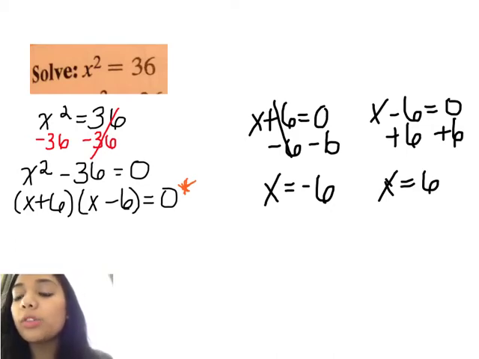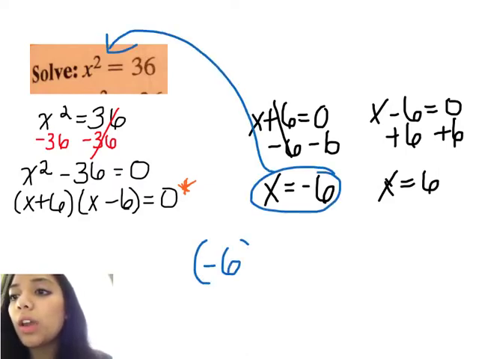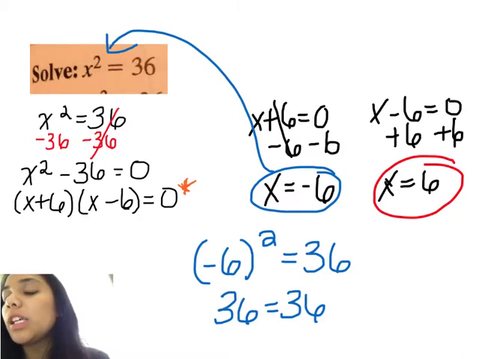Now, all I do is plug it back into the original equation. So I'm going to plug this one back in. I have negative 6 squared equals 36. Is that true? Negative 6 times negative 6 is a positive 36, so 36 equals 36. Then I plug this one back in, and this one is 6 squared equals 36.